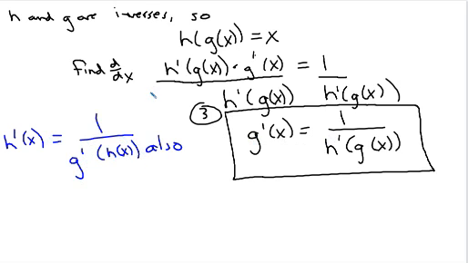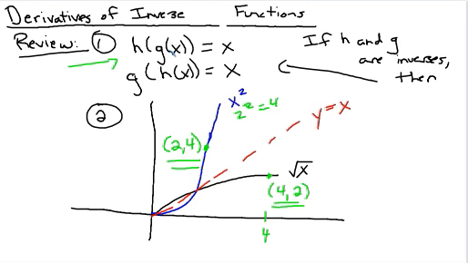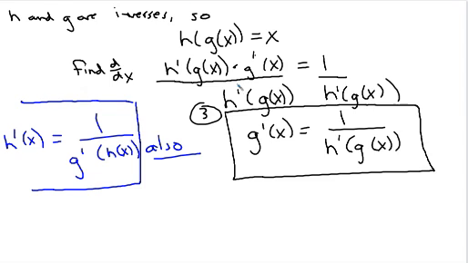All we're doing here is just flipping these around. And the reason that is true, both of these could be true, is because of this statement: h of g of x will always simplify to x, and g of h of x will always simplify to x if they are inverse functions.